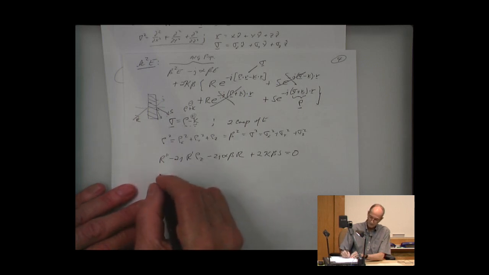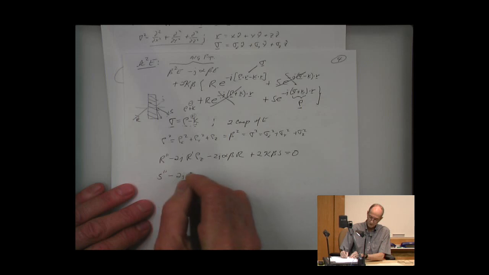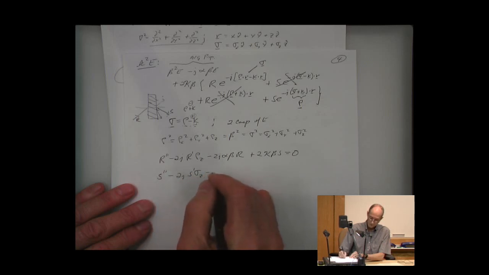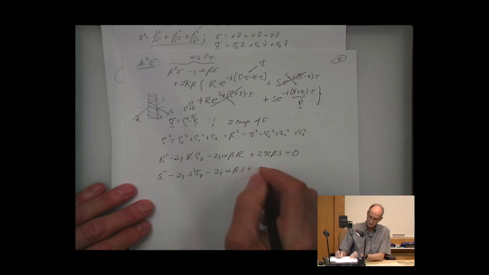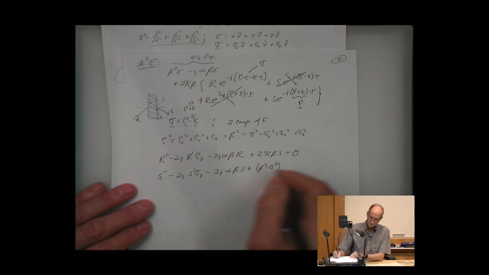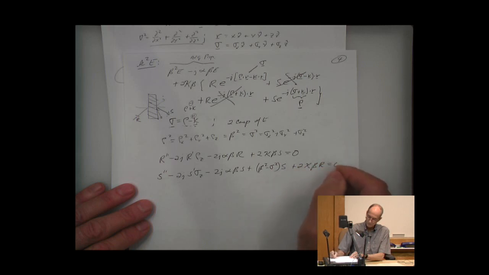And the other is s double prime minus 2j s prime sigma z minus 2j alpha beta s plus beta squared minus sigma squared times s plus 2 kappa beta r equals 0.